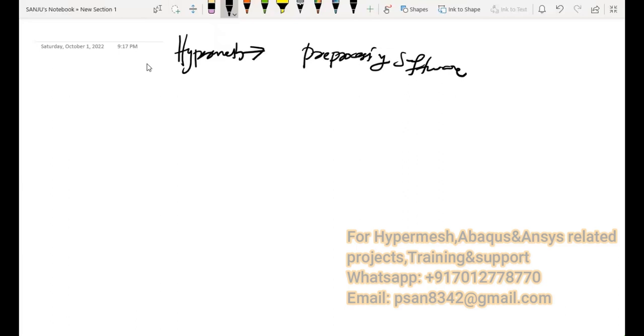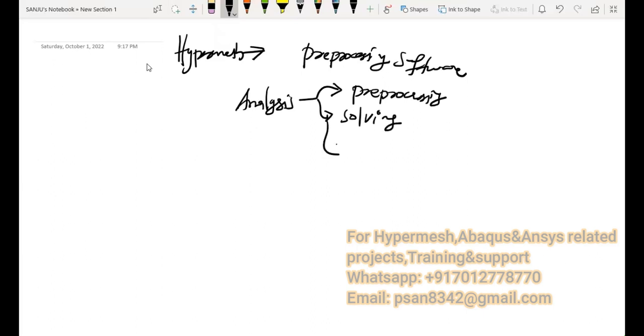Every analysis includes three stages: one is pre-processing, then solving, then post-processing. In the pre-processing stage, we have to do certain deck setup, meshing activities and all.